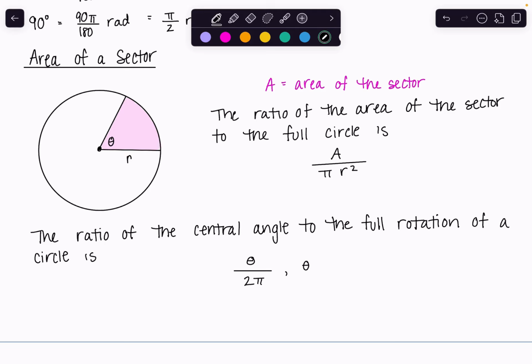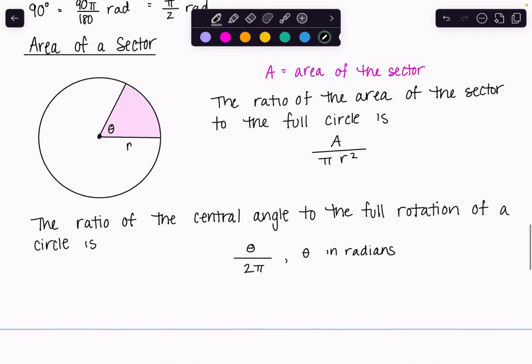And again, this angle has to be measured in radians to make this comparison. Well, if you think about it, the ratio of this portion to the full area would give you some percentage. It should be the same percentage here because this takes up the same fraction for the full angle. So these should be the same proportionally.